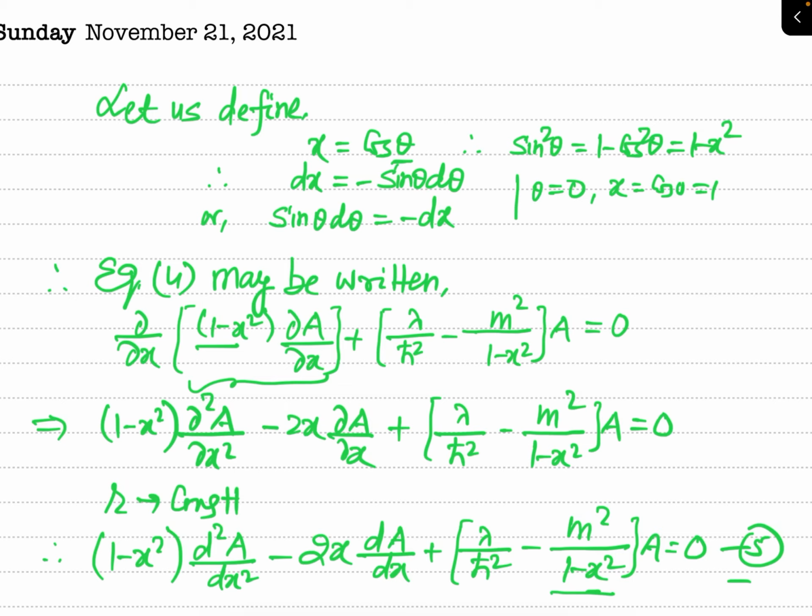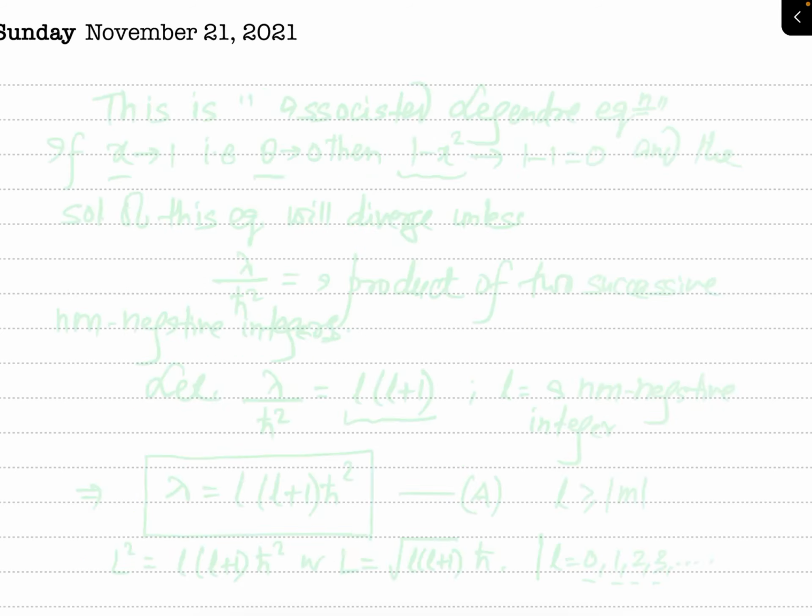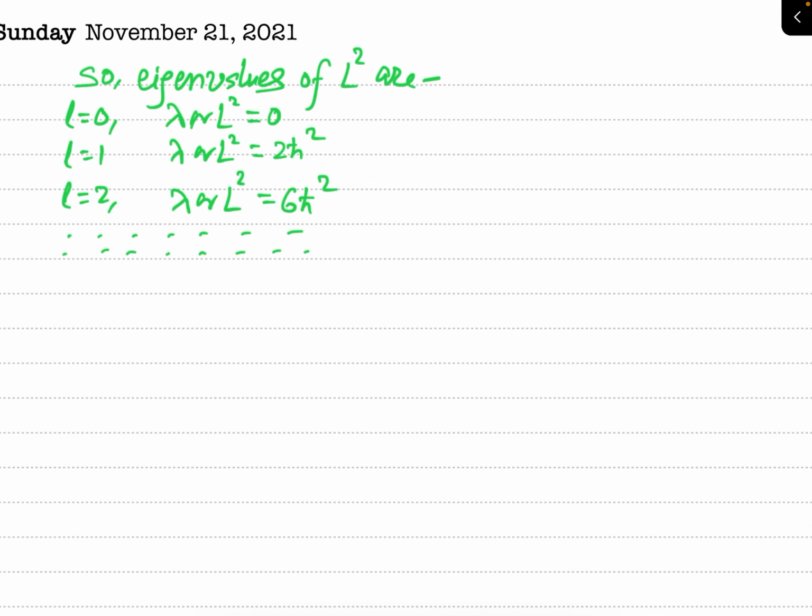As you know, this equation is simply the associated Legendre differential equation. And you have studied this in special functions, that the solution of the associated Legendre differential equation is simply the associated Legendre function or the associated Legendre polynomial.